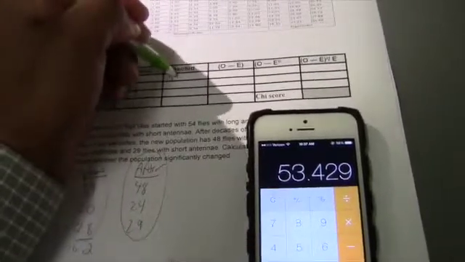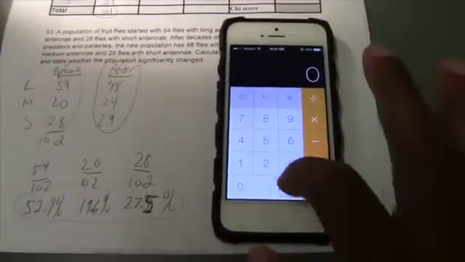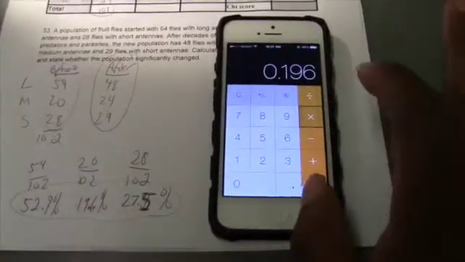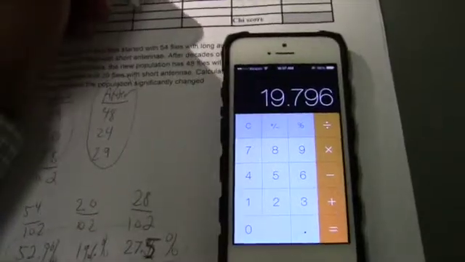So 0.529 times our total population, 101. That's telling us we expect to see 53.429 of them to have long antennae. And same thing, 0.196 times our new total, 101. So that's 19.796.